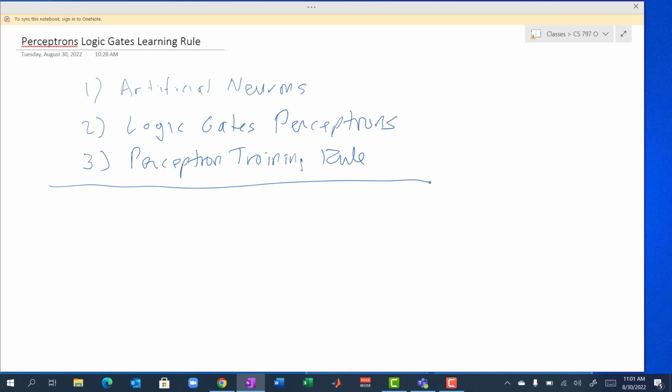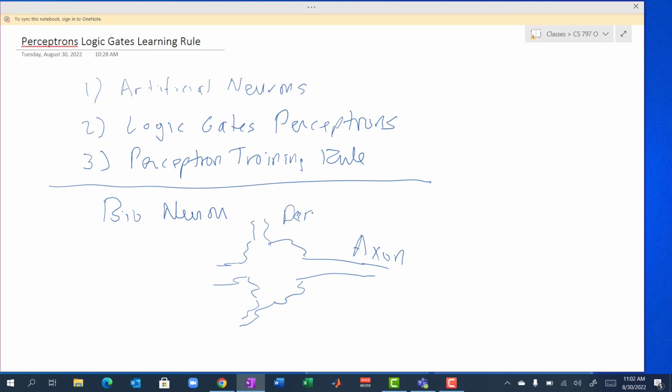This is a review of what Dr. Brooking went through. Remember, the biological neuron has a cell body and an output called an axon, and some inputs called dendrites.